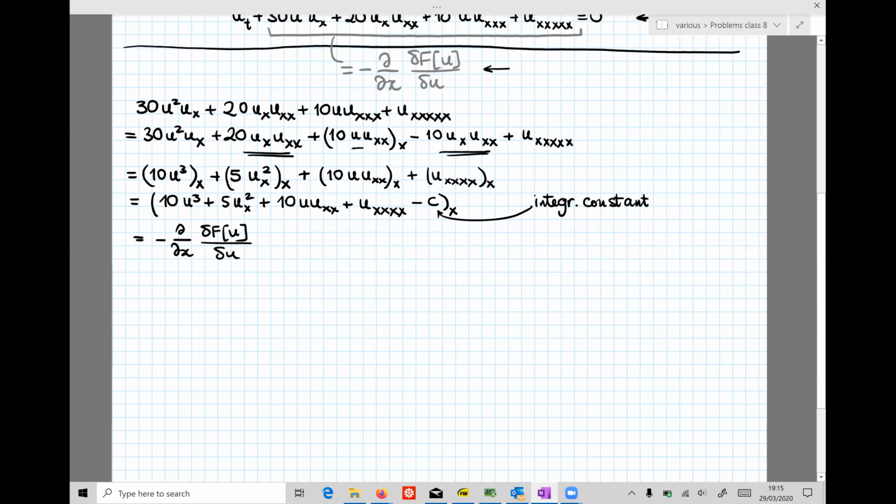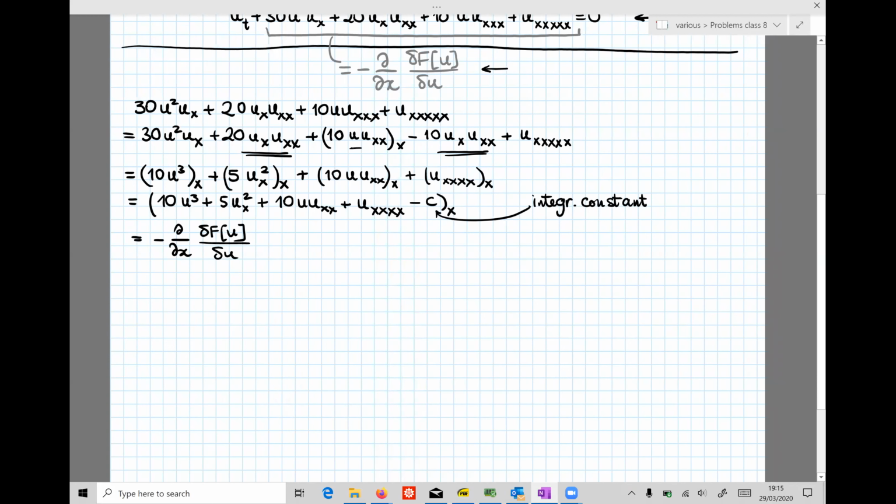So from this we learn that delta, the functional derivative of capital F with respect to u is equal to minus the expression in brackets, so minus 10u cubed plus 5u_x squared plus 10u times u_xx plus u_xxxx plus the integration constant c.